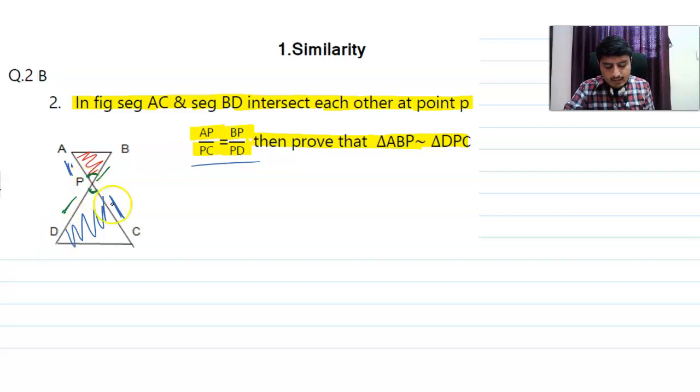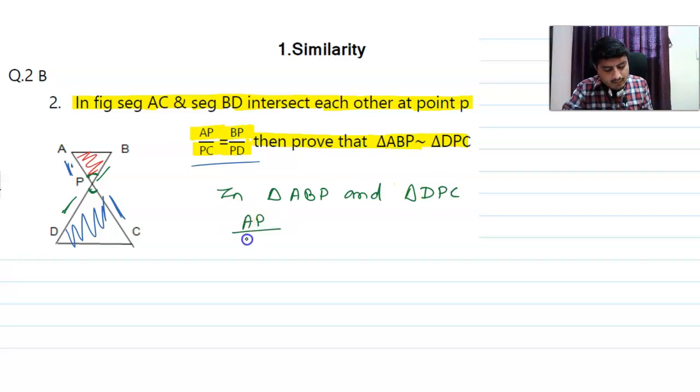So we can say that angle DPC is congruent to angle BPA. So I am writing at the start: in triangle ABP and triangle DPC, as per the given data, AP divided by PC equals BP divided by PD.